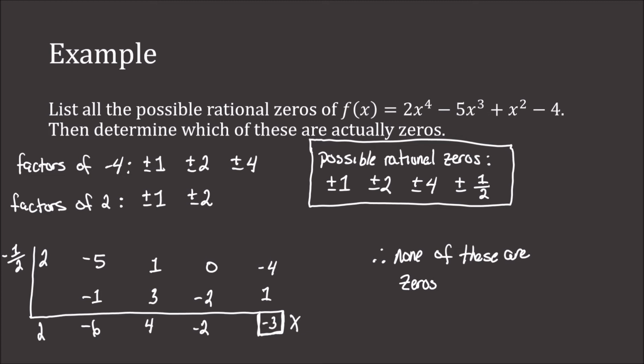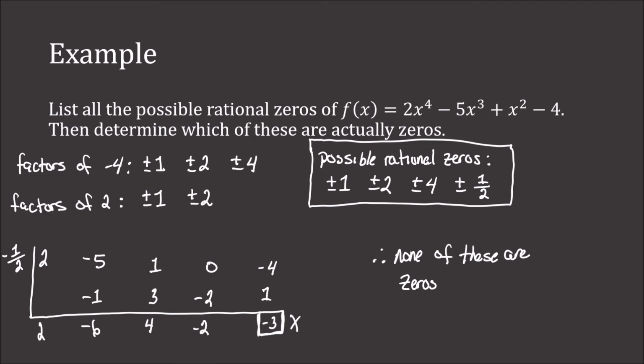Remember that the rational zeros theorem simply says that any rational number of the form p over q could possibly be a 0. Also, it's stating that if a rational number is not of the form of p over q, then it cannot possibly be a 0.